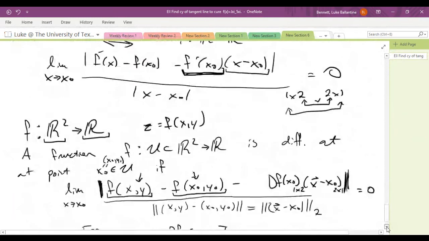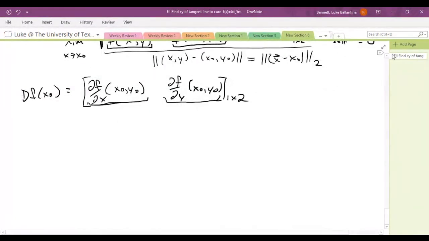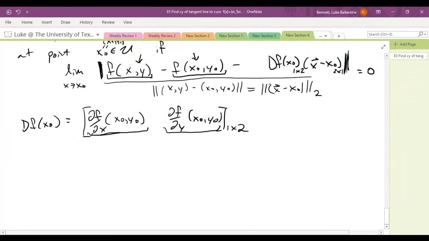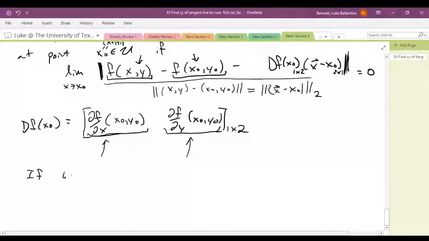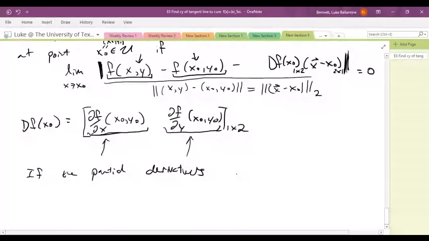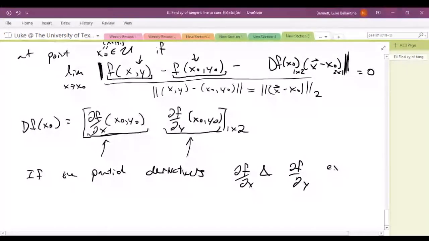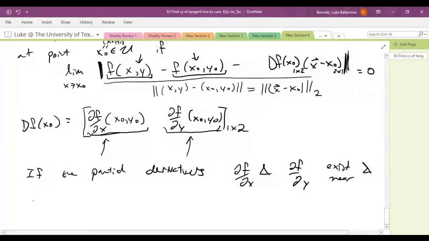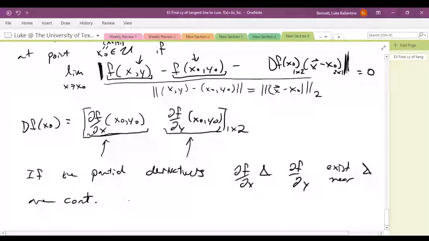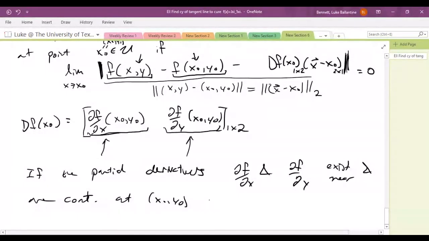Another equivalent statement to differentiability: this will happen if the partial derivatives, the partial of f with respect to x and the partial of f with respect to y, exist near and are continuous at x naught y naught, then f is differentiable.